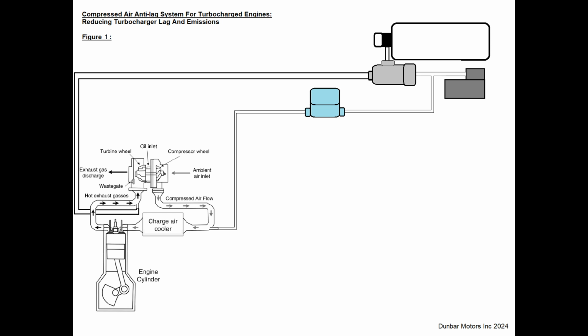In this video, I'll be discussing a compressed air anti-lag system that uses high pressure compressed air to increase pressure in both the exhaust manifold and intake manifold while reducing emissions. In addition, these increased pressures are accompanied by reduced temperatures in both the exhaust manifold and charge air.